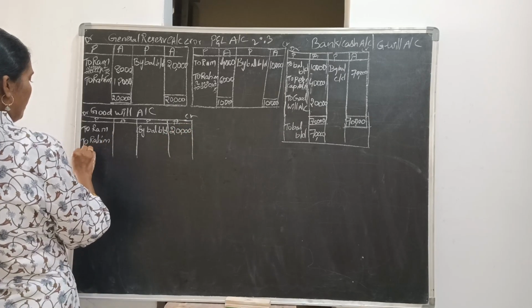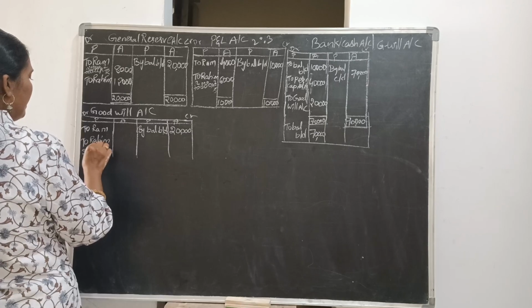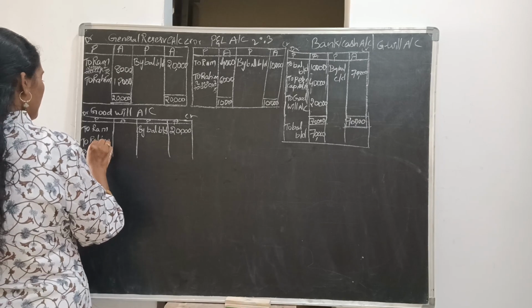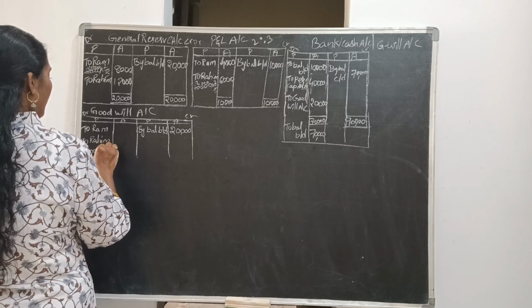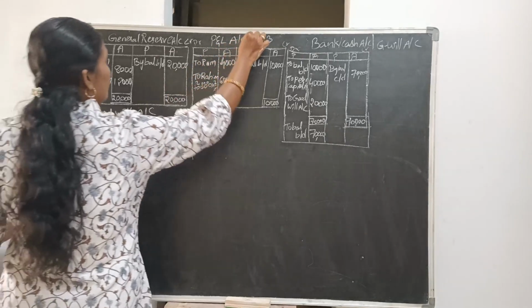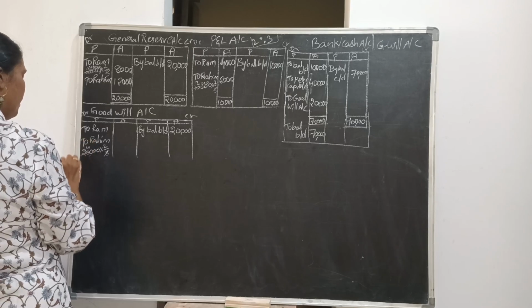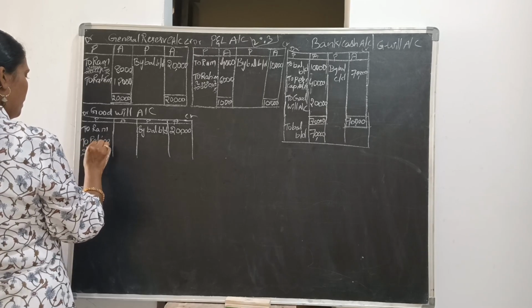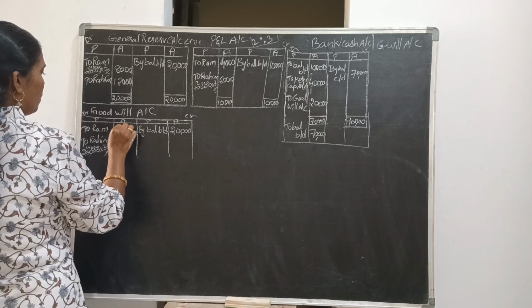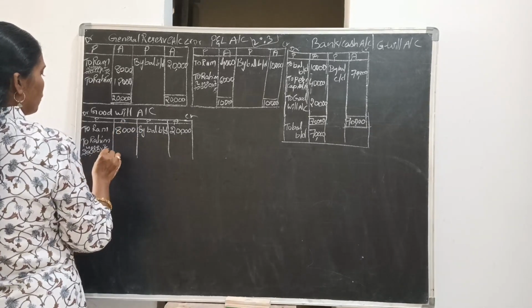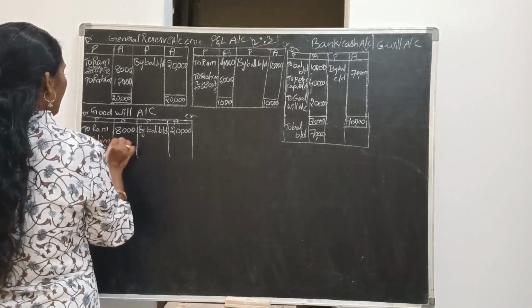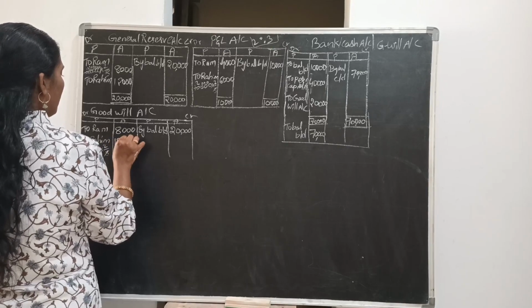Now distribute among old partners in their old ratio. So 20,000 into 2 by 5. 2 is to 3 is the ratio. 5 4s are 20, 0, 0, 0. 4 2s are 8. 8,000 is Ram's share in goodwill and Rahim's is 12,000.